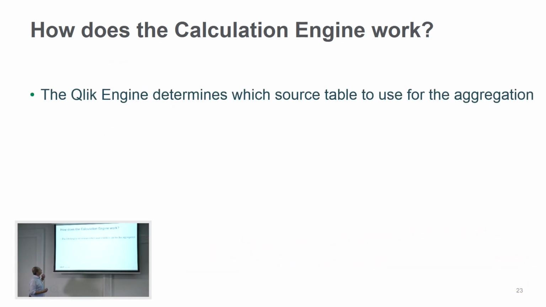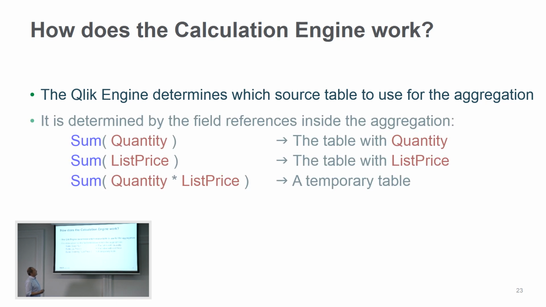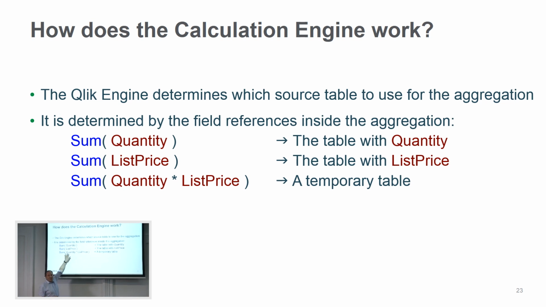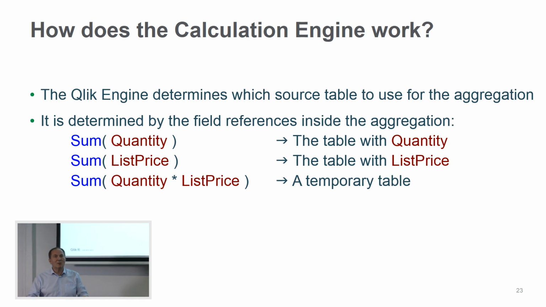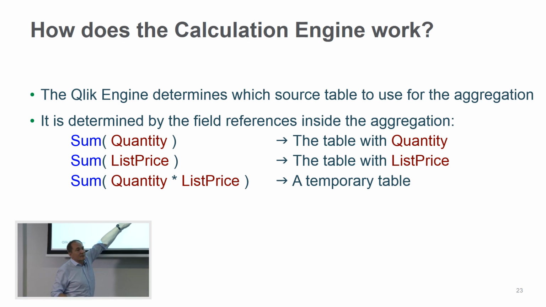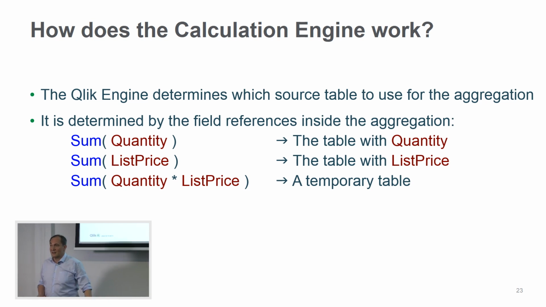To summarize, the Qlik engine determines which source table to use. If it's quantity, well, then it's a table with quantity. If it's list price, then it's a table with list price. And if you have fields from 2 different tables, then you have to make a temporary table, a join, and that takes time. So don't have fields from 2 different tables inside your aggregation function, because that takes time.